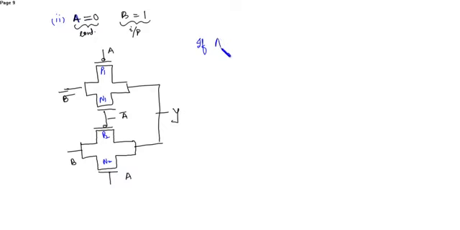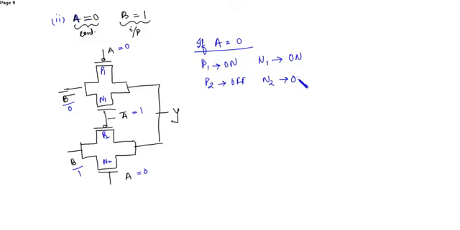So if A is equal to 0, in this case what will happen? If A is 0, then A bar is 1. Here B bar will be 0 since B is equal to 1. So if A is 0, then P1 will turn on. If A bar is 1, then N1 will turn on, P2 will turn off, and N2 will also turn off in this case.